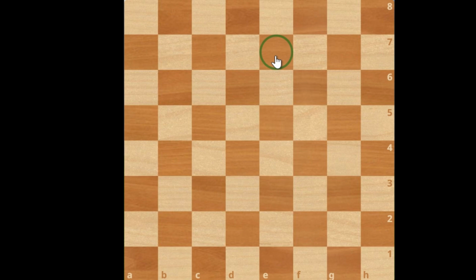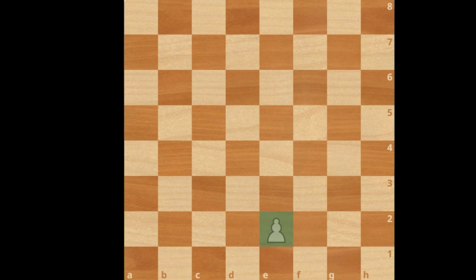Now, there are 6 types of pieces. The weakest piece is the pawn. A pawn is on its starting rank when it is on the second rank from the bottom.